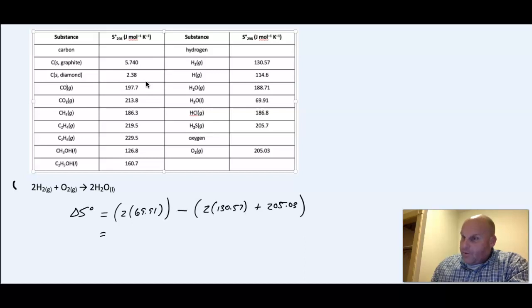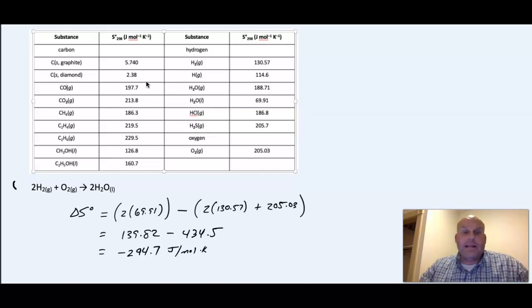Again, as I work through that, I would get a final answer here of negative 294.7 joules per mole Kelvin.